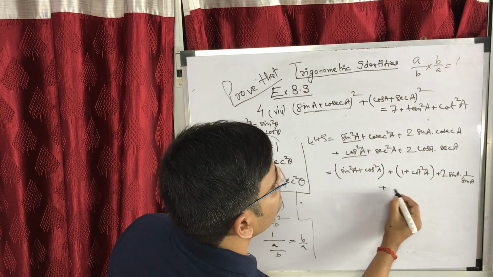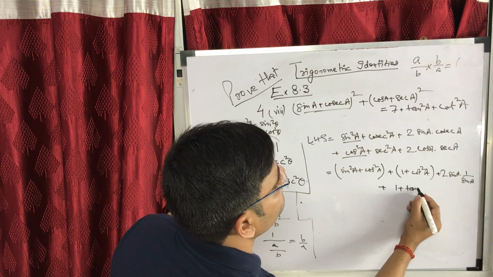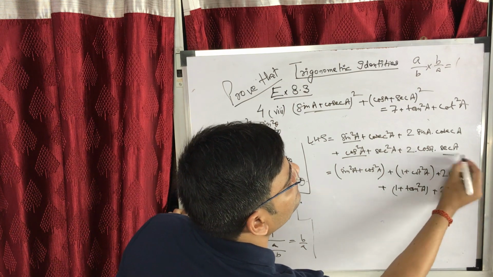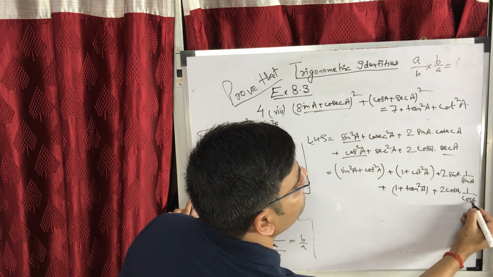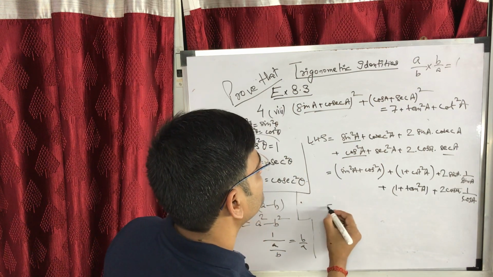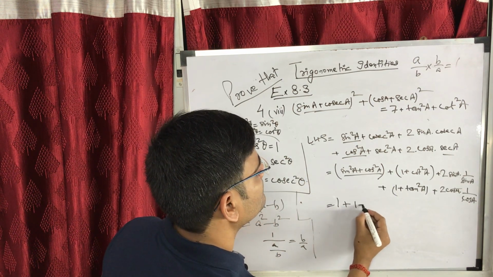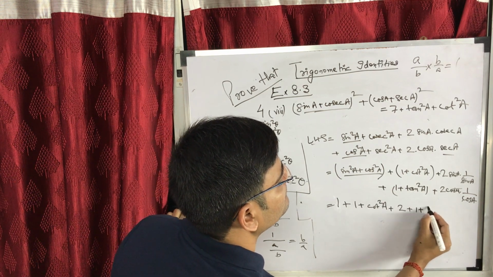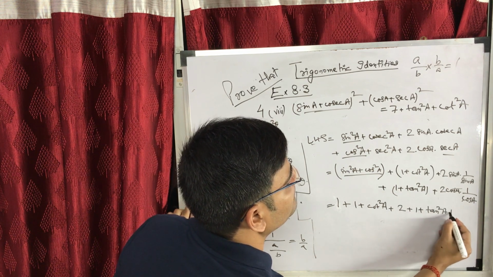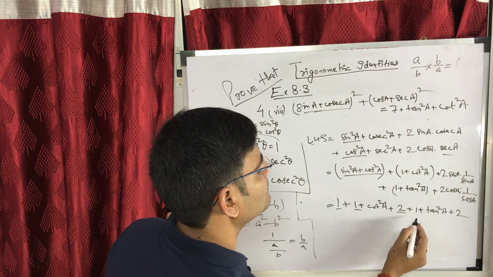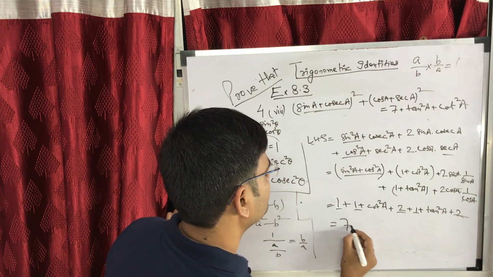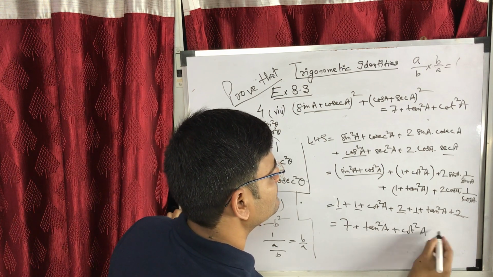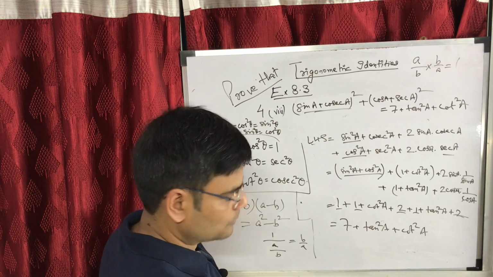We are left with sec square A, 1 plus tan square A, plus 2 cos A into 1 by cos A. So you are left with 1 plus cot square A plus 2 plus 1 plus tan square A plus 2. 1, 2, 4, 5, 6, 7. 7 plus tan square A plus cot square A.